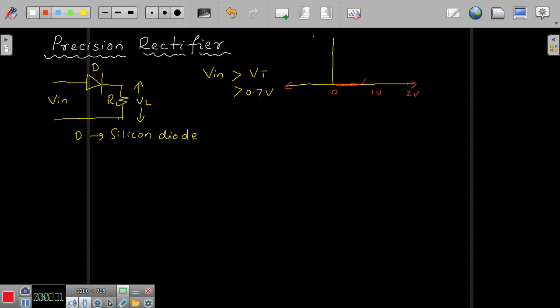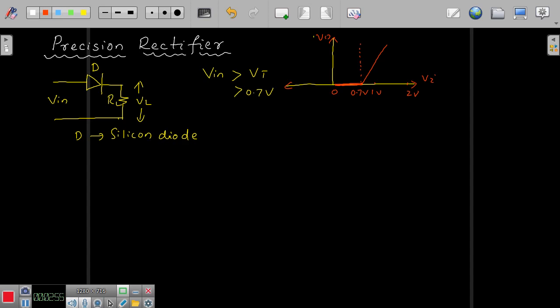Afterwards your output will increase like this. In fact, if you consider an ideal switching, then it would have come something like this. Now I am talking about the practical switching. It is about 0.7 volts. So this is your characteristic with respect to the input and output, the transfer characteristics.